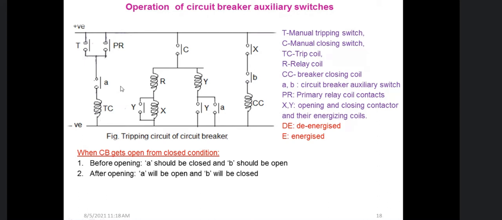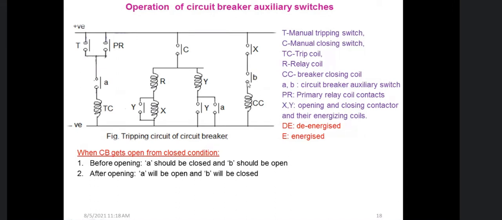After the closing operation is done, the coil is energized and the CB is closed. After opening, the trip coil is energized, which gives the signal to the circuit breaker to open. Then there is no further function of contact A to be closed, so it should be open, and B should be closed. Why?